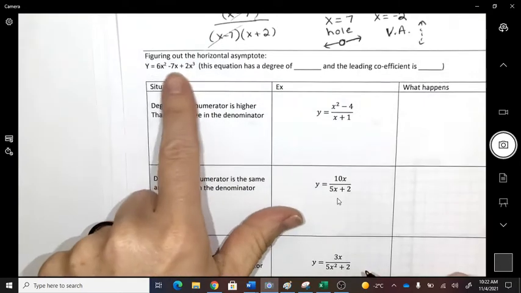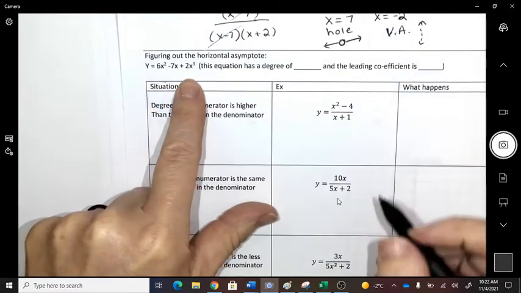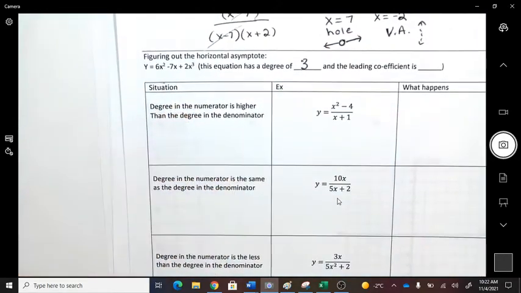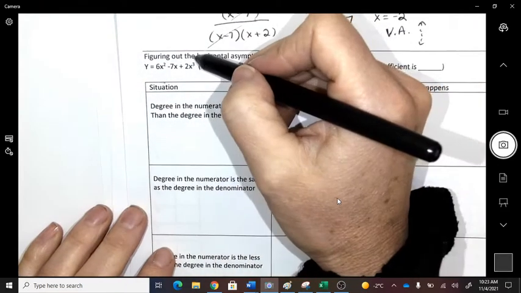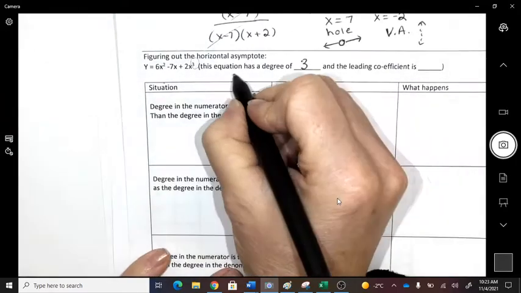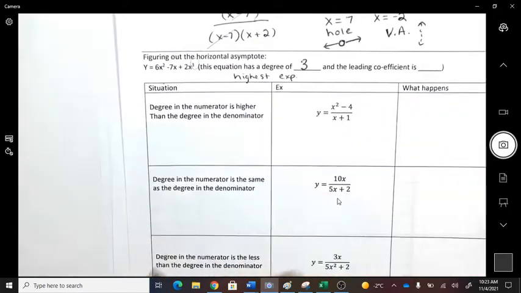Does anybody know what degree it would be? It's the degree of 3. So why did I pick that? Where did it come from? The degree of 3 is the highest exponent.